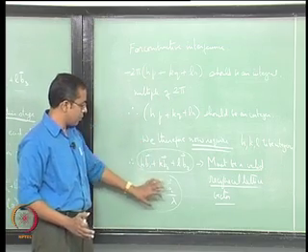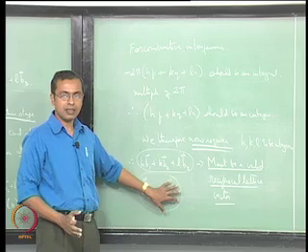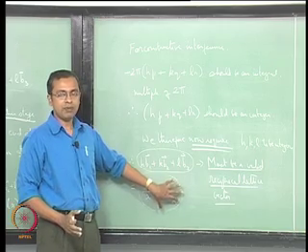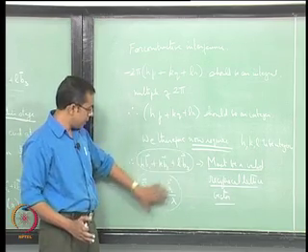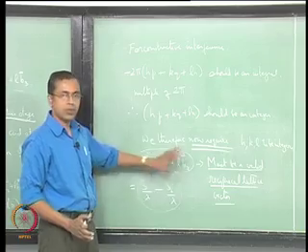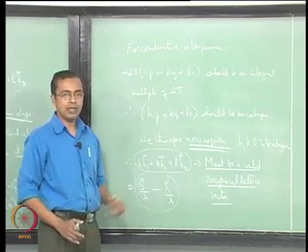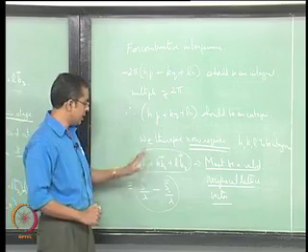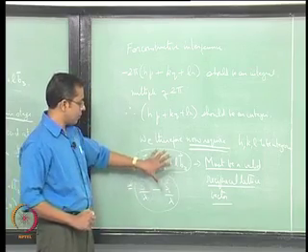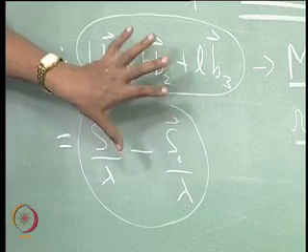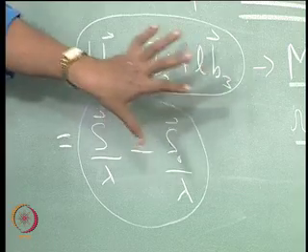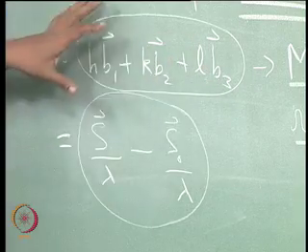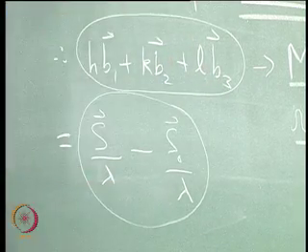We have the reciprocal of the wavelengths with the directions indicating the wave information on the other side, and the equation states that they are equal to each other, with h, k and l being integers and therefore being a valid reciprocal lattice point. This gives us the complete picture of how we would represent the condition for diffraction in reciprocal space. Okay, so this is the important derivation here, fine.